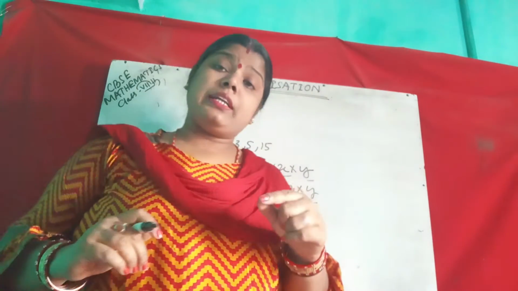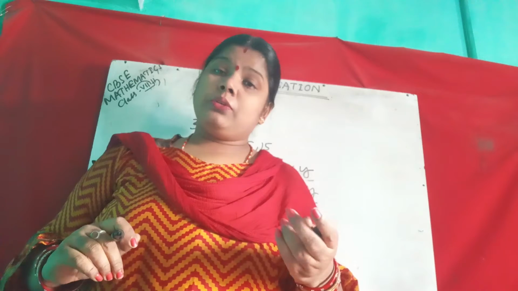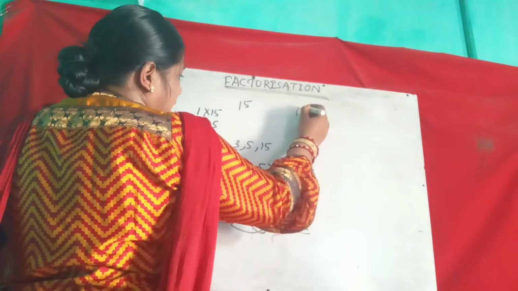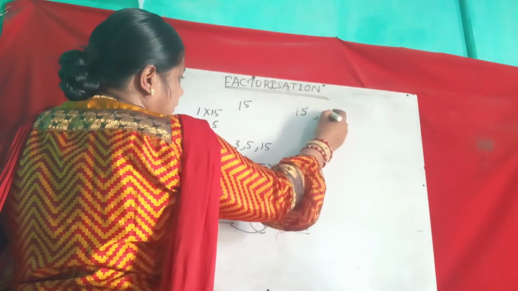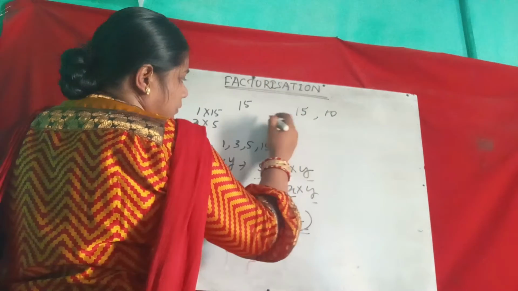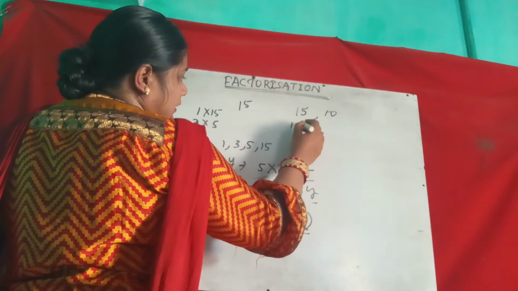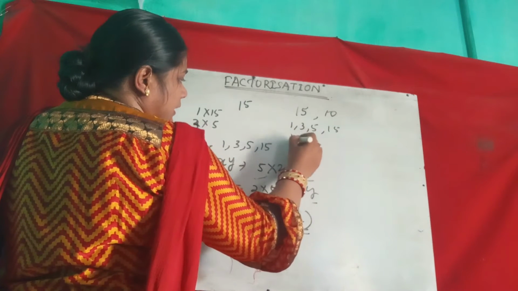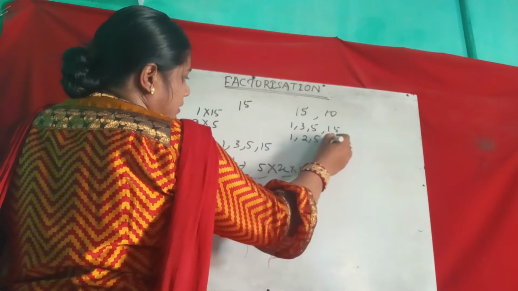So how do we find the common factor? First, the common factor of numbers. Suppose we find the common factor of 15 and 10. 15 has factors 1, 3, 5, 15. 10 has factors 1, 2, 5 and 10.